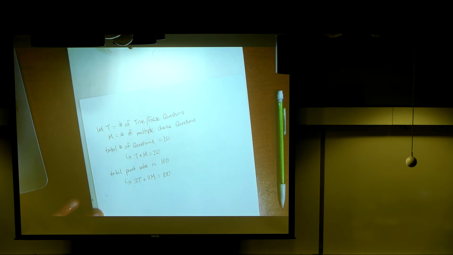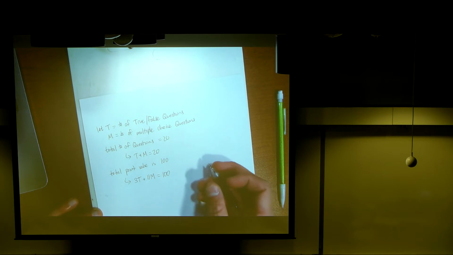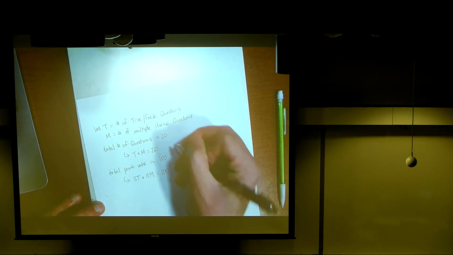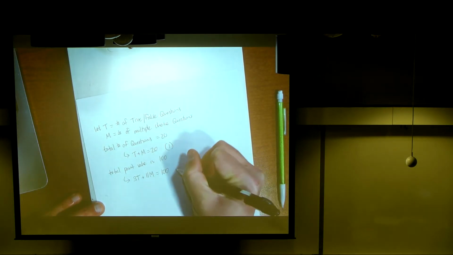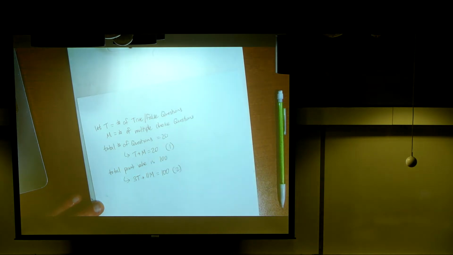So I want to know the numerical value of T and M, so what should I do next? Isolate a variable? Yeah, just isolate a variable and then substitute it. So we can go any way with this, but let's take the first equation we wrote down. I'm going to label this equation number 1. The second one is equation number 2.